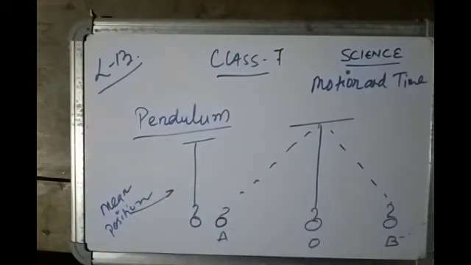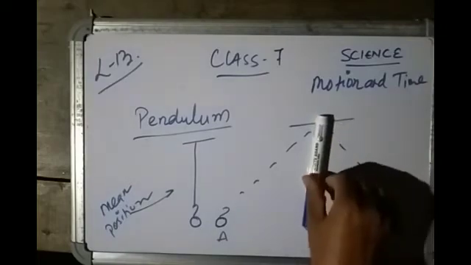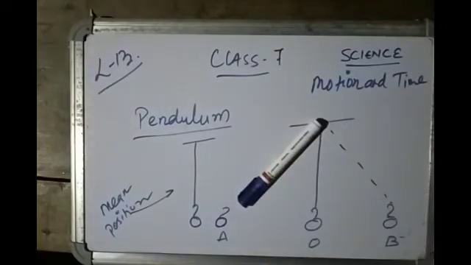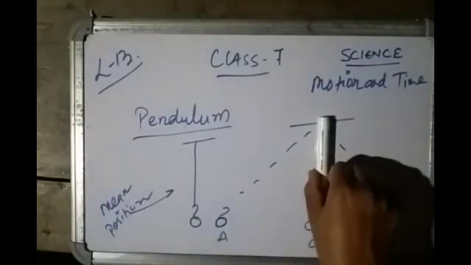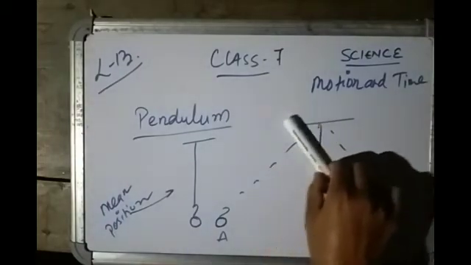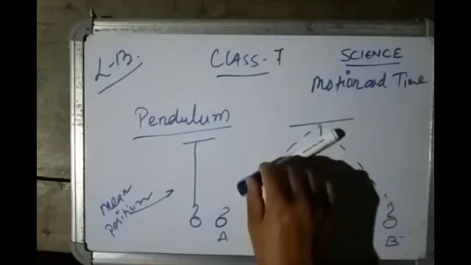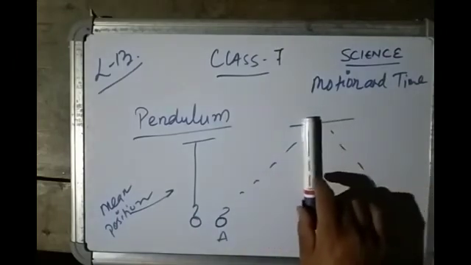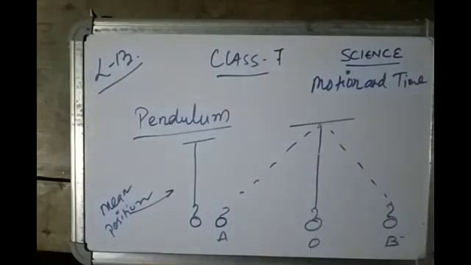When the bob of the pendulum is released after taking it slightly to one side, it begins to move to and fro: A, O, B, O, A. The to and fro motion of a simple pendulum is an example of periodic or oscillatory motion.